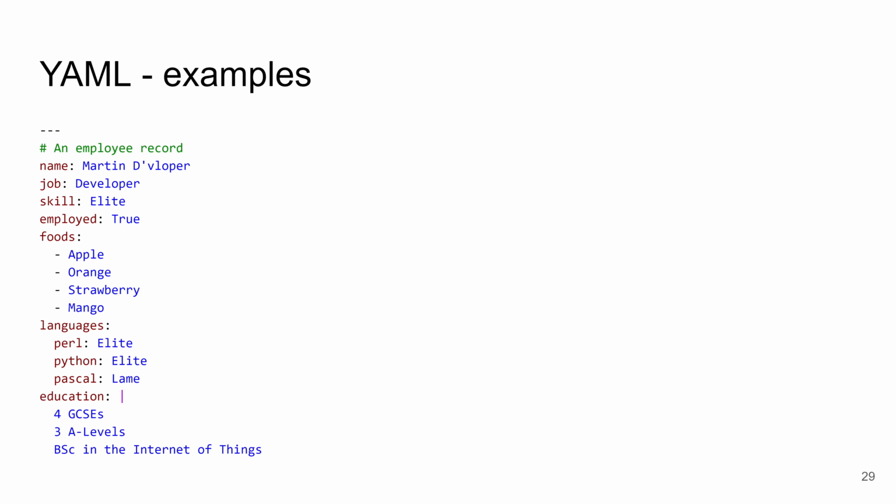The languages key maps to a map, where for each language you have a proficiency level. And education is a multi-line string with new lines preserved. So this is good, for instance, if you want to print this multi-line string somewhere. So this is a rather synthetic example of YAML.